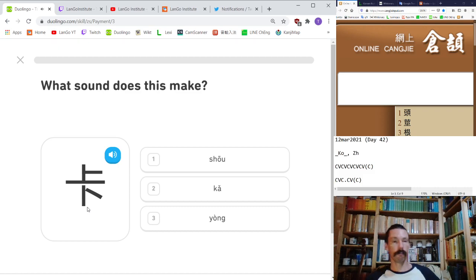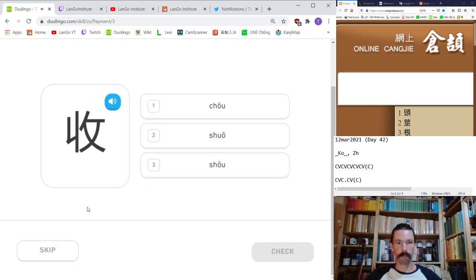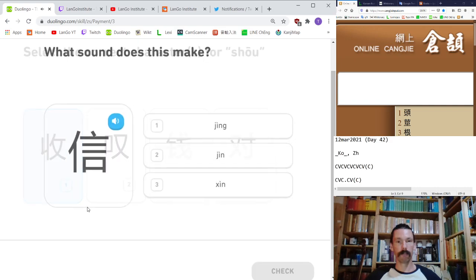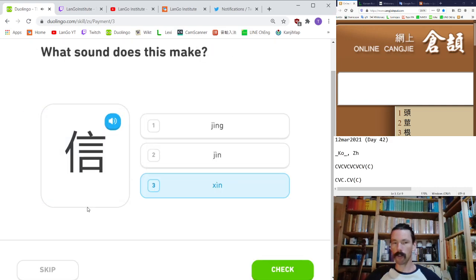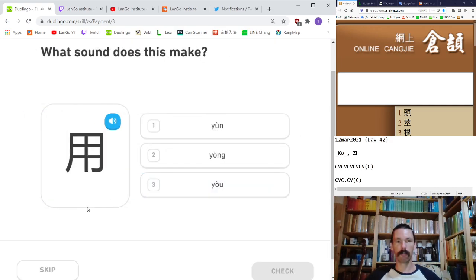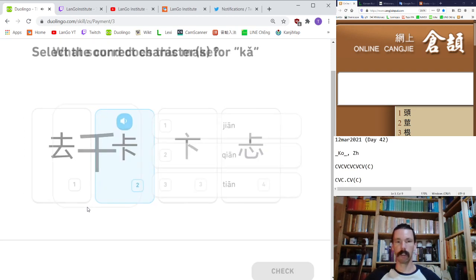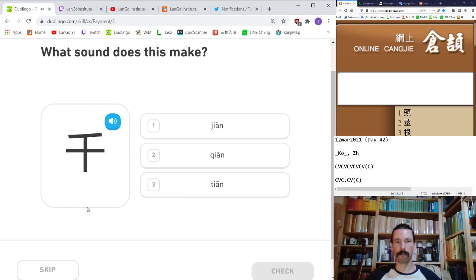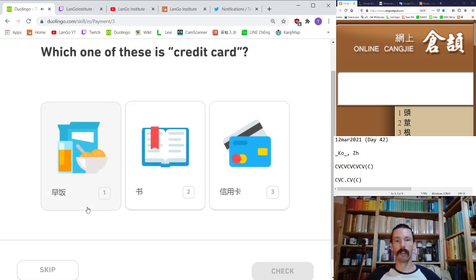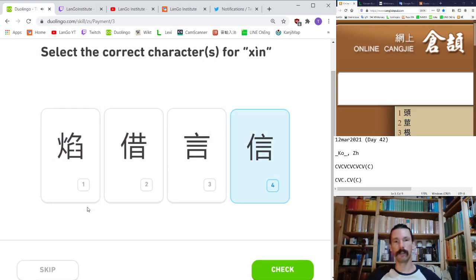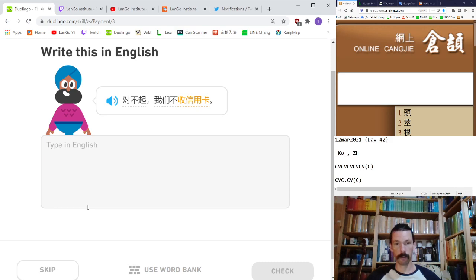卡 收 信 trust confidence letter 用 to use. 签信用卡。 对不起，我们不收信用卡。 Here to accept rather than to harvest.